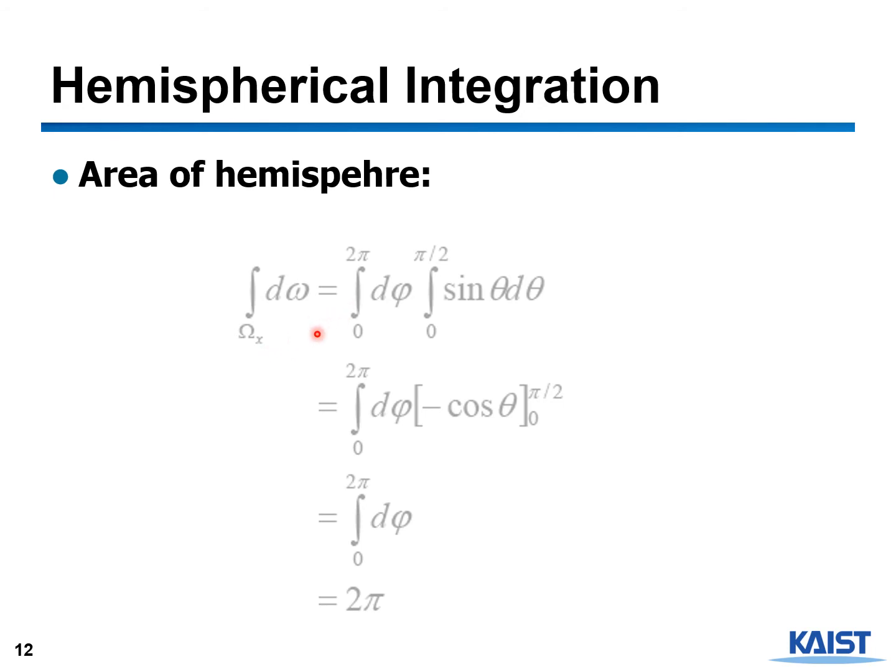By utilizing the predefined concept of solid angle, we have d phi, sine theta and d theta, and we know the range of phi and theta. I already forgot the calculus for the sine theta, but you can follow this equation. If we integrate the solid angle over the whole hemisphere, it becomes the area, and this turns out to be 2 pi.